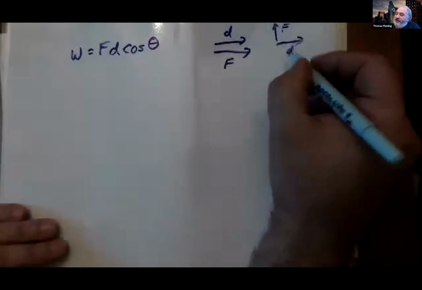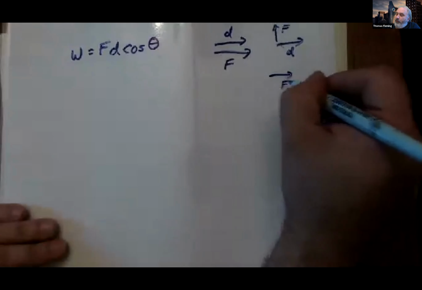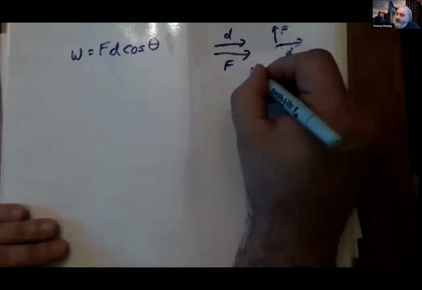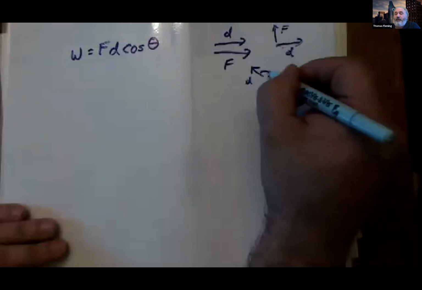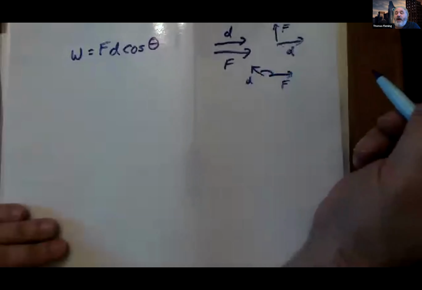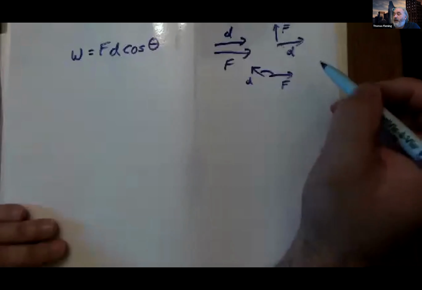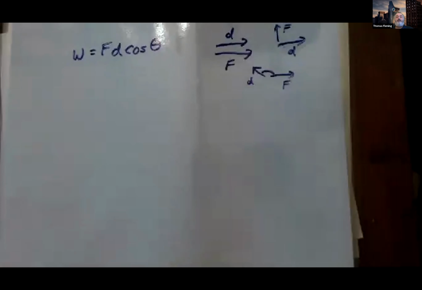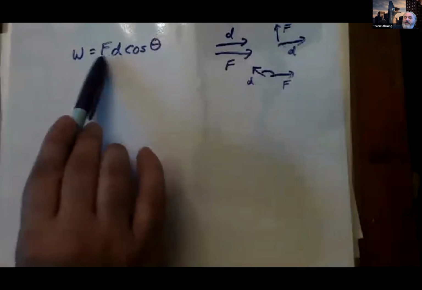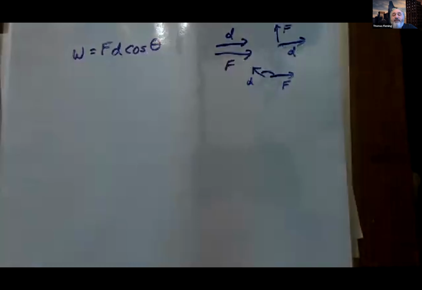And of course, what if F is one direction, but D is some different direction, and the angle between them is larger than 90 degrees? So anywhere between 90 and 180, this will be true. Well, the cosine of any angle that's greater than 90 is going to be a negative number. And so sometimes I'll multiply two things together and get a negative answer because the cosine of theta is negative.